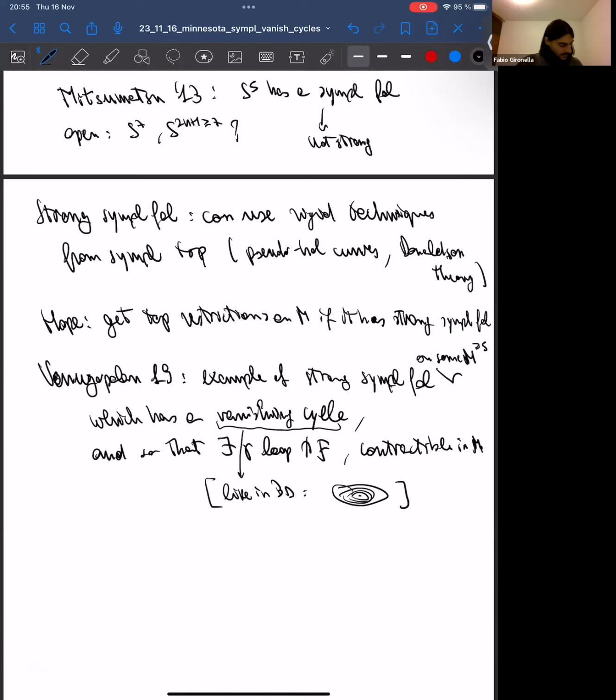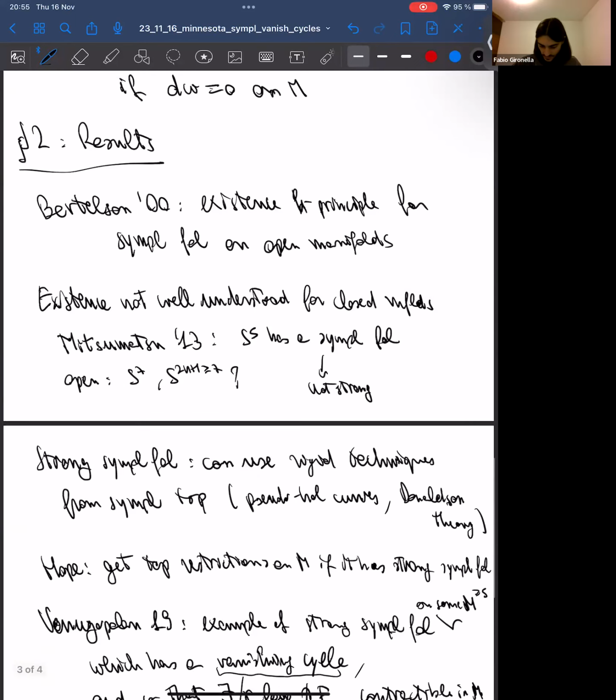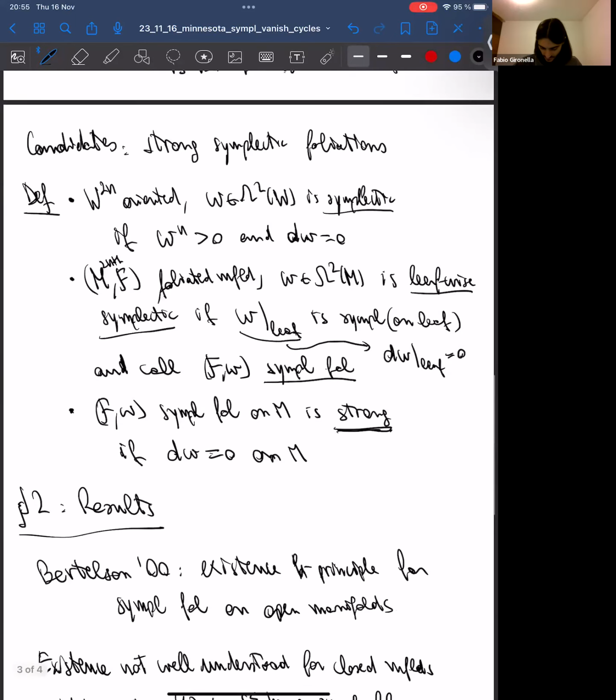One thing that I realized I didn't mention before, but it's very important, is that this definition of strong symplectic foliation, on a 3-manifold, F with omega strong symplectic is equivalent to F taut. So actually this is really an extension of the definition.